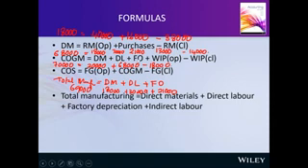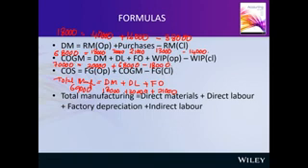Factory overhead only includes the factory expenses, so admin expense, income tax expense, and advertising expense cannot be included here. Plus work in progress inventory opening minus work in progress inventory closing. So this will give you cost of goods manufactured.